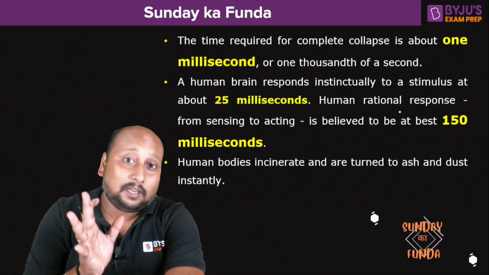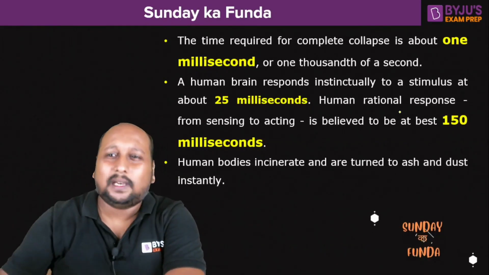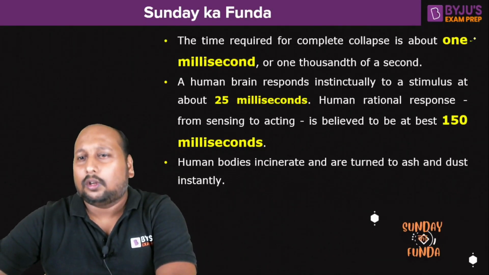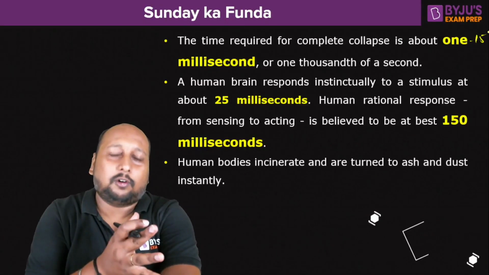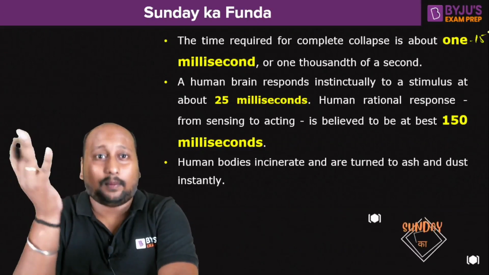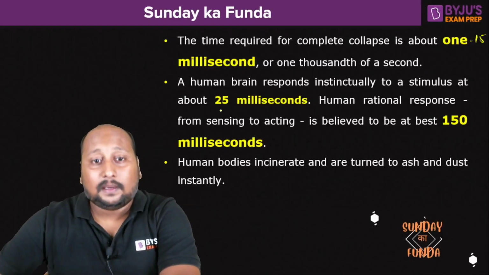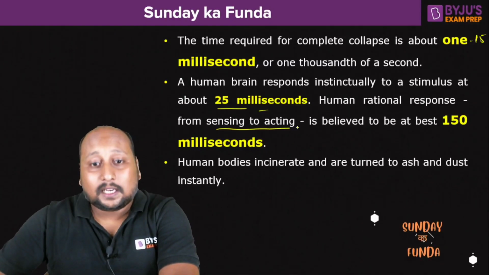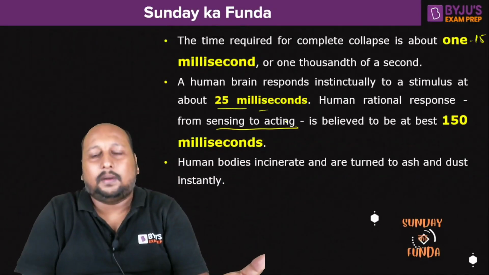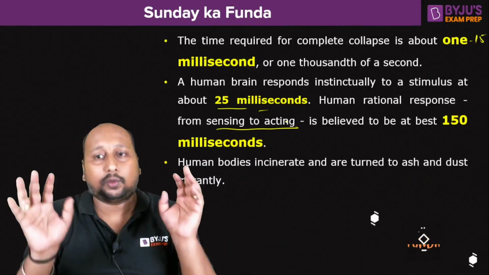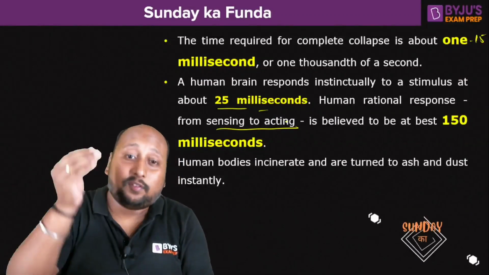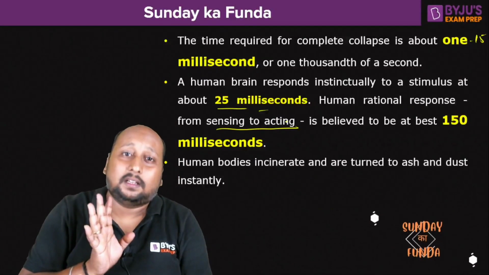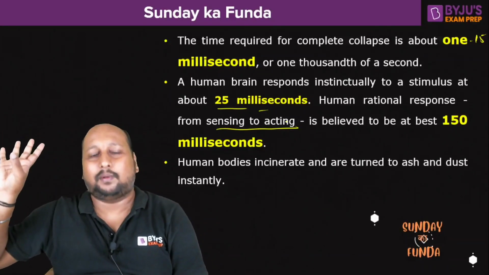It is believed that very few milliseconds, we can say 1 to 15 milliseconds, were taken for this collapse. Normally a brain responds in 25 milliseconds, and from sensing to the action, it normally takes 150 milliseconds. So can you visualize what happened? In a 1,000th of a second or 15 thousandths of a second, the entire collapse happened.